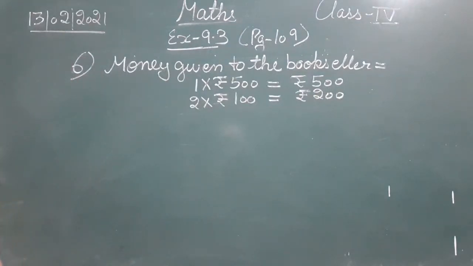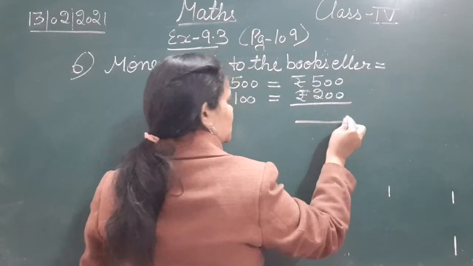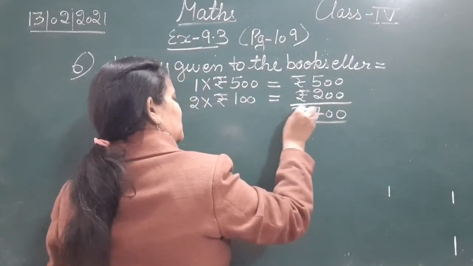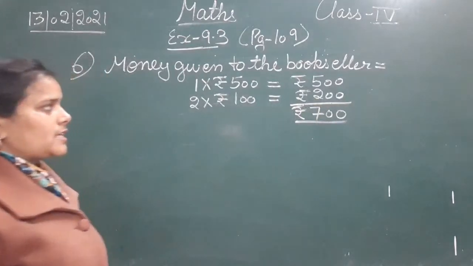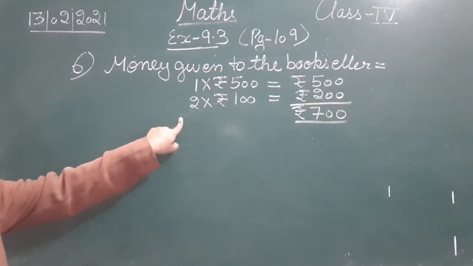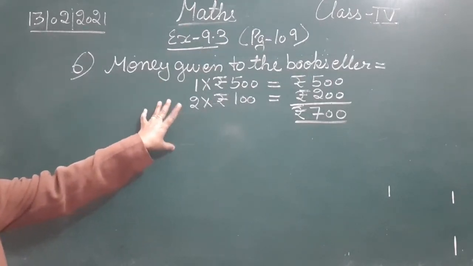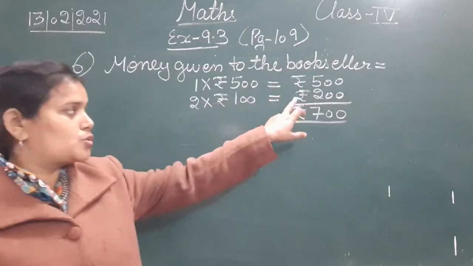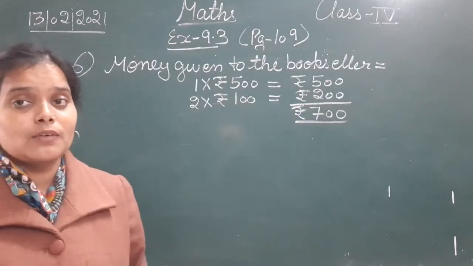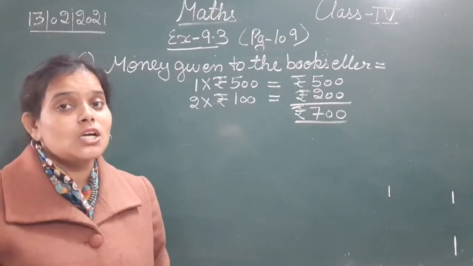So the total amount that she gave to the shopkeeper is rupees 700. She has given one note of 500 rupees and two notes of 100 rupees, so 500 plus 200, that is total 700 rupees to the shopkeeper.